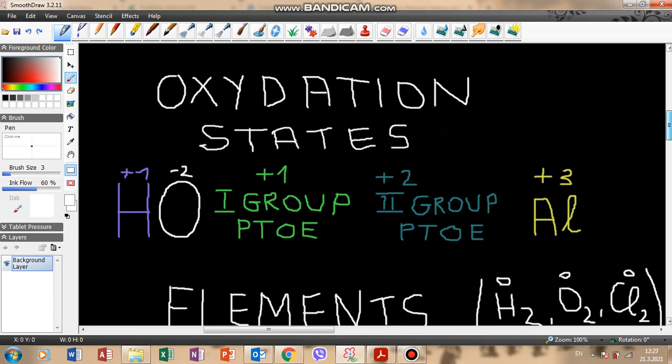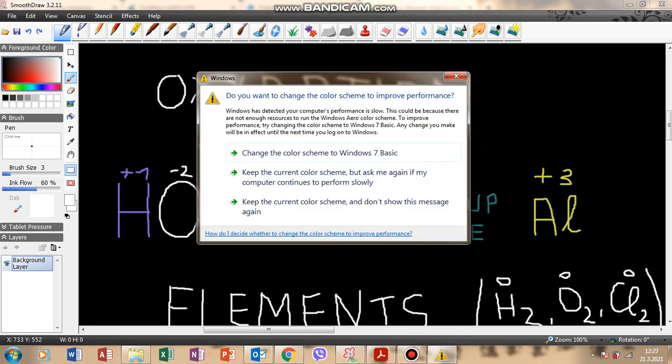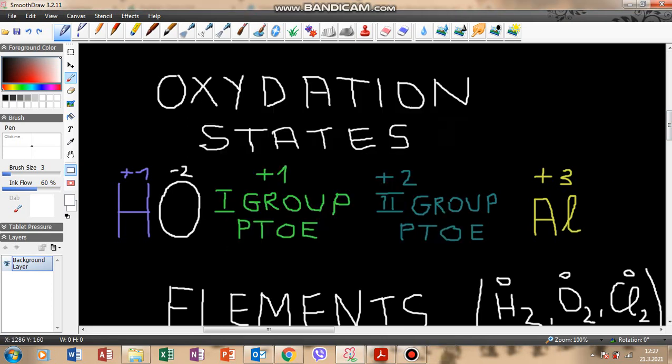First of all, I'm going to present here atoms that in the vast majority of their compounds are always in the same oxidation state. Hydrogen is always +1, oxygen is -2.